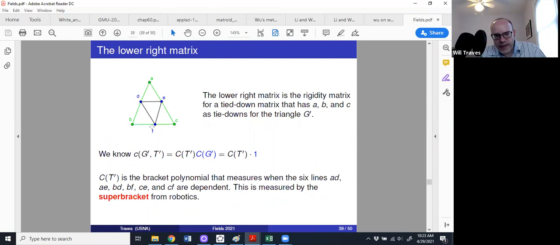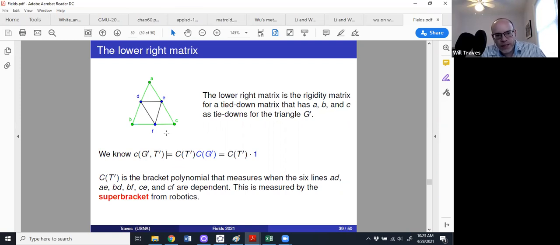So I've got D, E, F, and then I've got A, now thought of as a tie down vertex, and it's connected to D and E, and B is a tie down vertex connected to D and F, etc. And what we'd like is actually the full determinant of the augmented matrix for this, right? That's the lower right matrix.